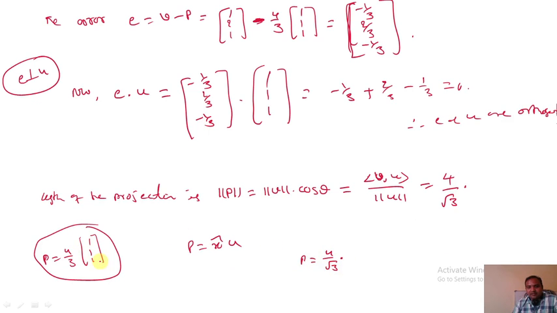What is the unit vector of (1, 1, 1)? It is 1 by root 3 into (1, 1, 1). We get 4 by 3 into (1, 1, 1). Yes, this is the main concept: some scalar multiple into the direction of the vector, and the direction must be a unit direction. This is the length and the unit vector direction. This is the projection of a vector.